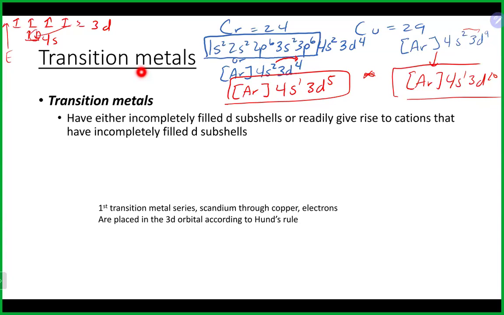And it's the same sort of exception here. We fill up the d orbital and maximize the s orbital with parallel spin because after they flip, the s is actually higher. So now we've got that parallel spin at a higher energy level, and it makes it a lot more stable. So for us, chromium and copper are the 2 exceptions you need to know.